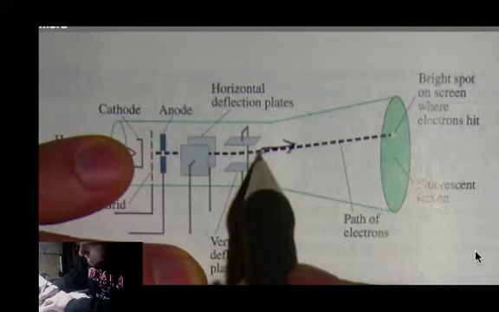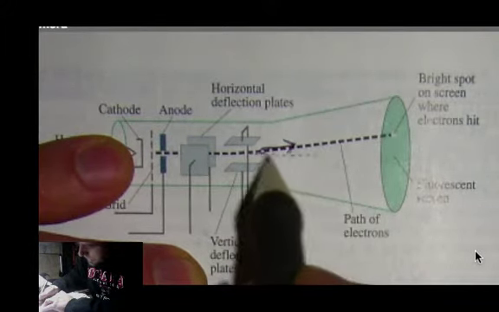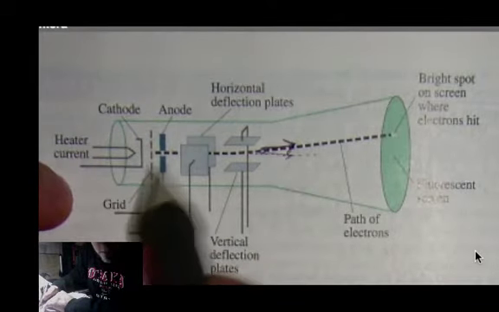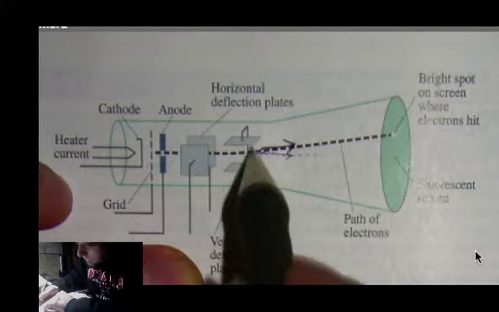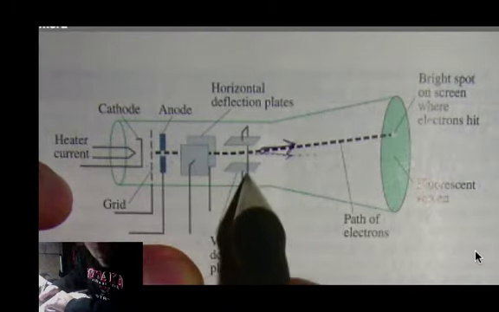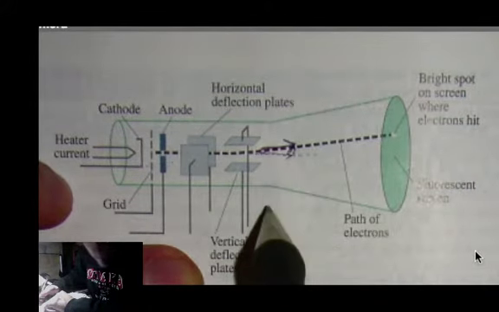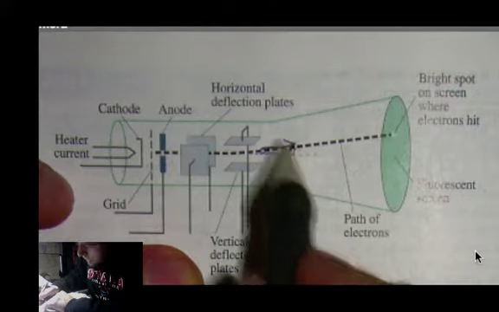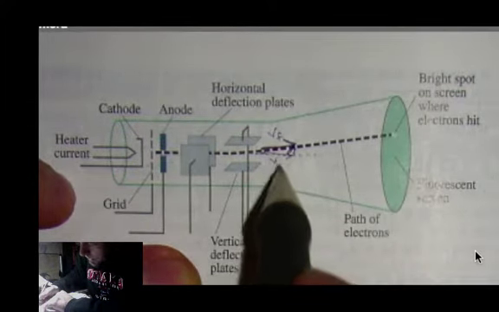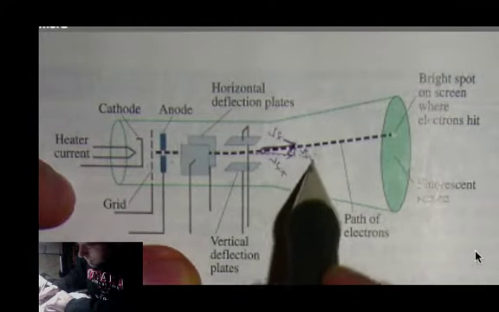And that velocity is made up of some x velocity, which it had from the original accelerating plates, and some y velocity, which it has just attained from these vertically deflecting plates. So that's the y velocity right there. So you'll see that this velocity, this v final, is made up of a v final in the x and a v final in the y.